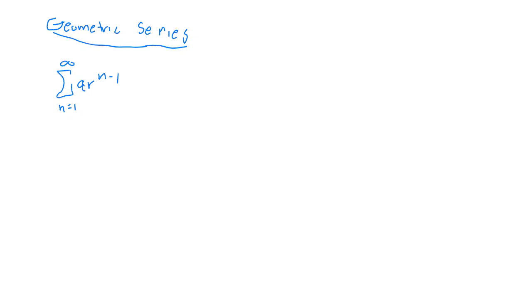Okay, and R is what's called the common ratio. And it can be shown that if the absolute value of R is less than 1, the geometric series converges.